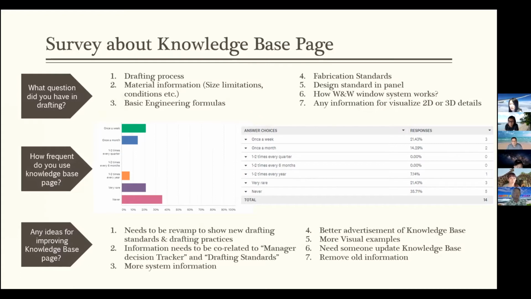In total, I received 14 responses, and we asked 3 questions. This on the left, you can see. I asked people, what questions did you have in drafting? We summarized 7 main points from people, which is very reasonable. There are drafting process, material information like size, limitation, conditions, etc. Basic engineering formulas, fabrication standards, and design standard in panel.